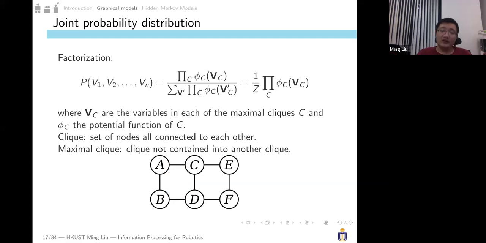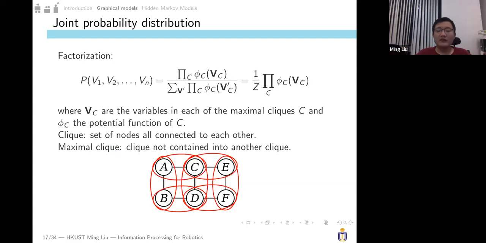Then what will be the maximal clique? The maximal clique in this case is much less complex than the previous one. So you only have these ones, because you don't have the cross term, you don't have a diagonal term.